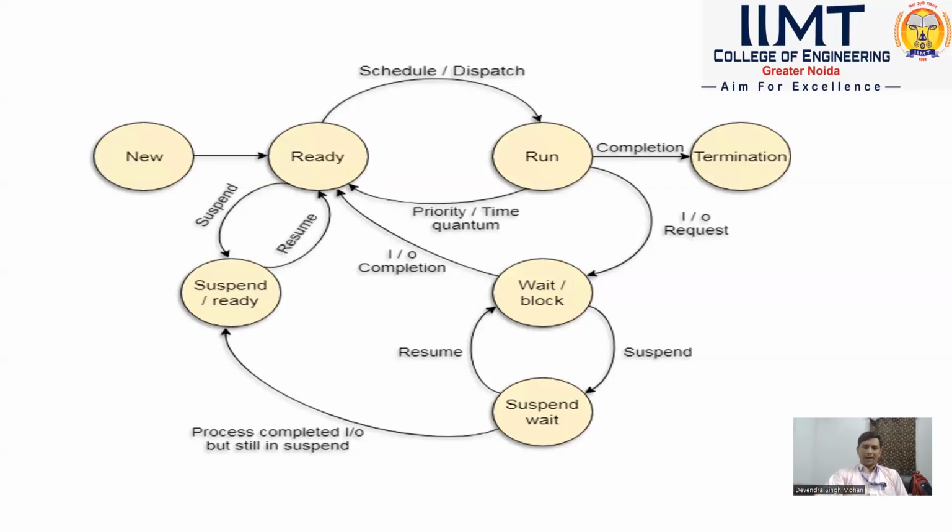When a process gets a processor, that means a processor is allocated to a process, then this process is brought into a running phase. Inside the running phase, the operating system provides all the resources needed for the execution of that particular process.